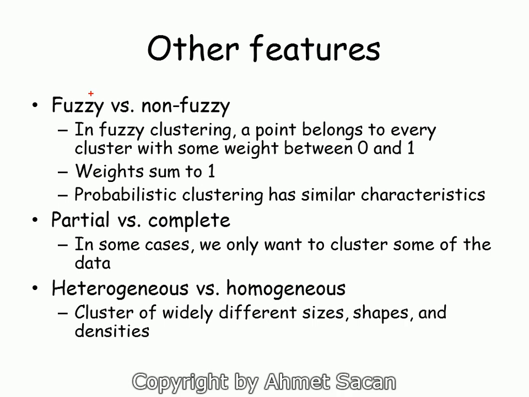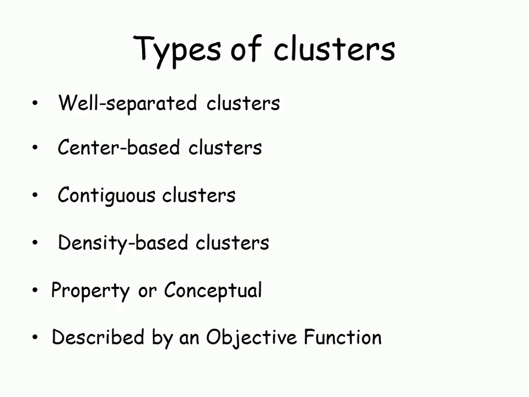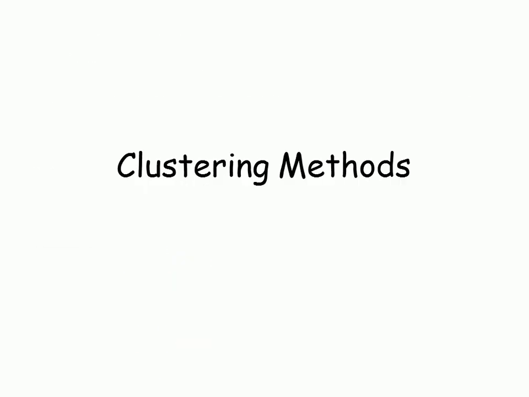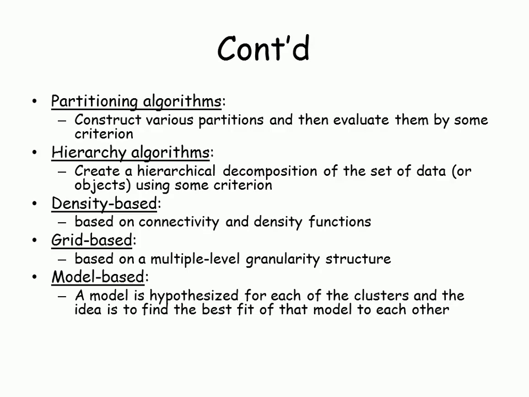So a data sample could be 60% a member of cluster A and 40% member of cluster B. So the membership is no longer a binary decision; it's a fuzzy measure. Let's skip those definitions and go down to the algorithms.